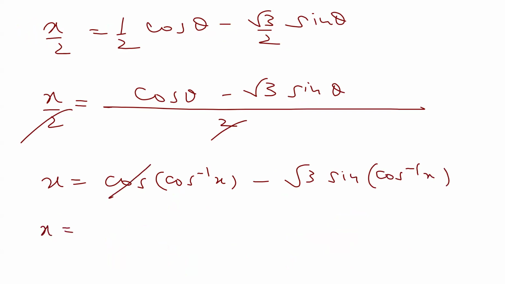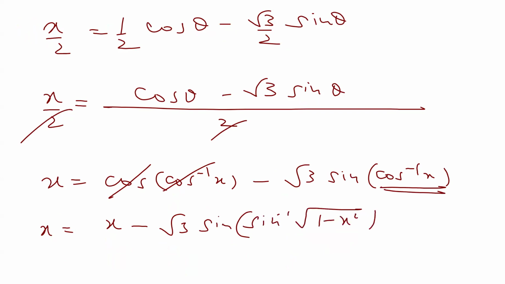So x is equal to cos of cos inverse, which is gone, x minus root 3 sine of this cos inverse, which is sine inverse root of 1 minus x square. So you have to convert cos inverse into sine inverse, because outside there is sine. Okay, so this sine and sine inverse will get cancelled.